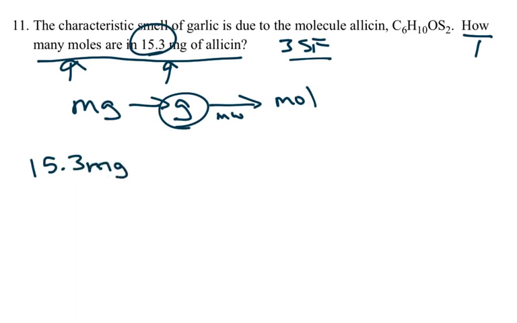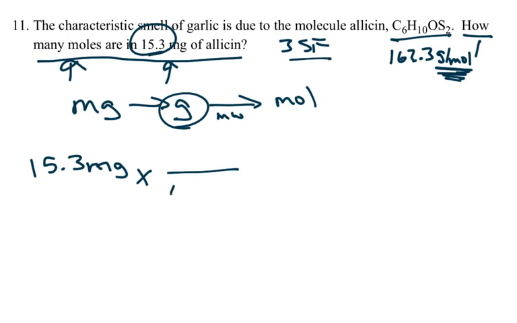Like we did on problem 9, molar mass just needs to become automatic. It's just something you do quickly. So it's 162.3 grams per mole. I'm not going to show you how we did that. So we're going milligrams to grams. Why do we do that? Because this is grams per mole. That's our bridge from grams to mole. So we have to be in grams.